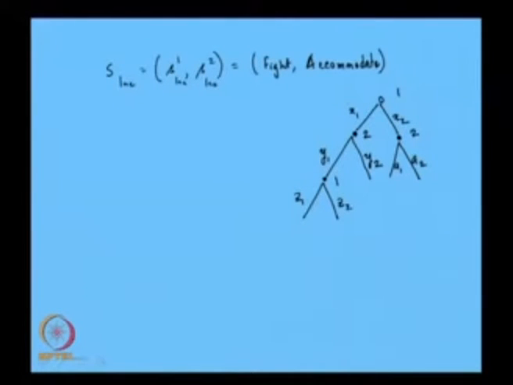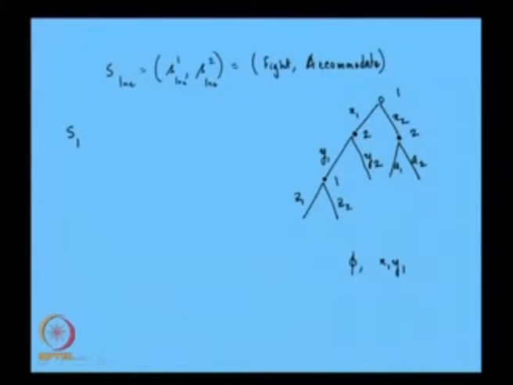Now, in this case, suppose I want to write the strategy set of player 1, then how will it look like? Now, here, unlike the case before, there are two sub histories after which player 1 gets to move. They are phi and the history x1, y1.